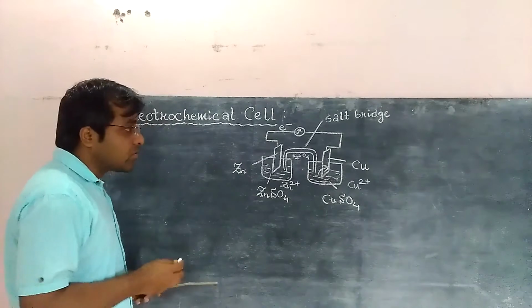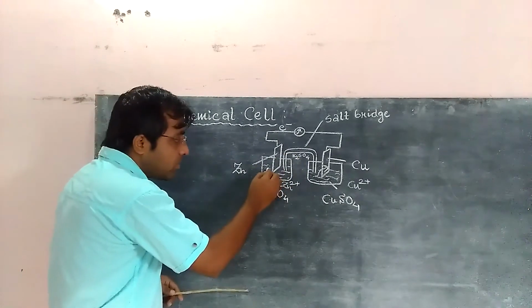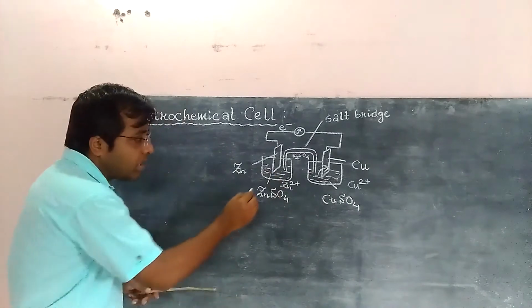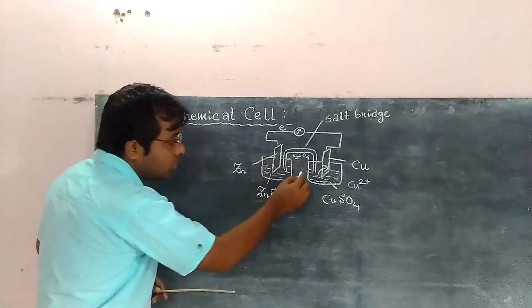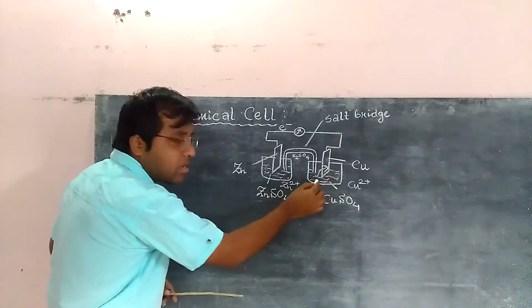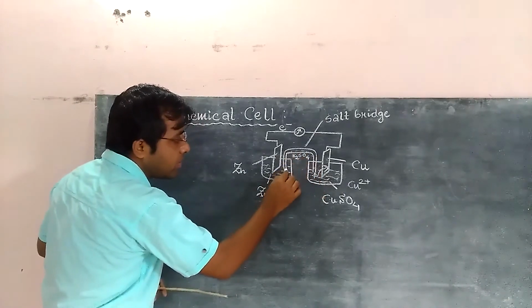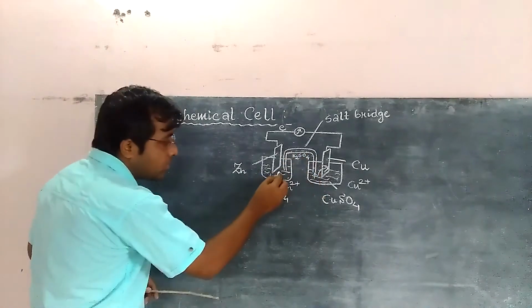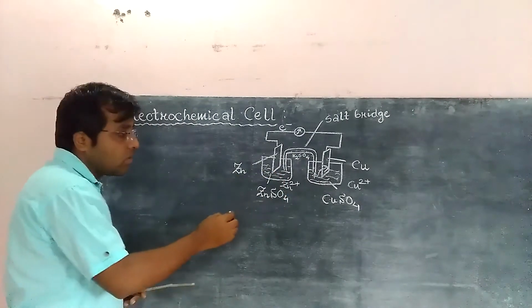After that what will happen? What is the function of the salt bridge now? When the amount of Zn2+ increases here, the solution becomes concentrated. So through this salt bridge, the sulphate ions, that is the negative ions, will transfer slowly and try to neutralize this solution.